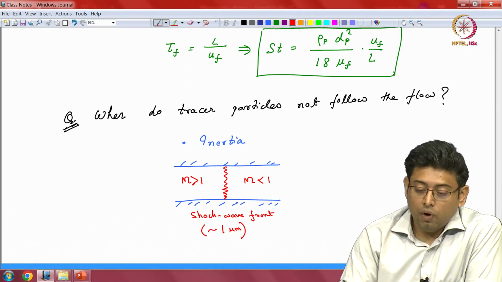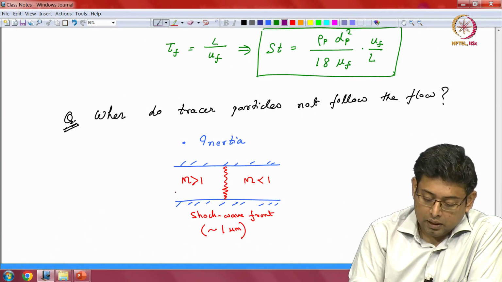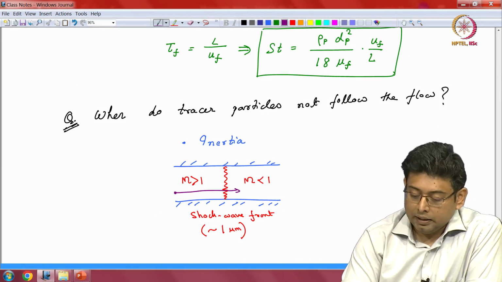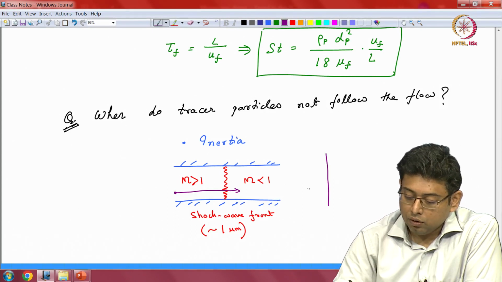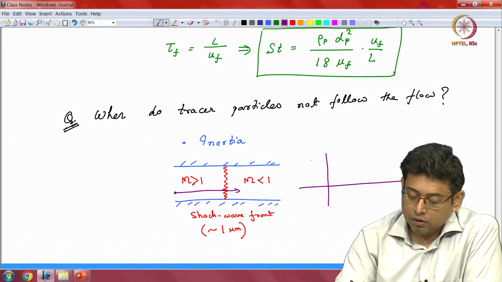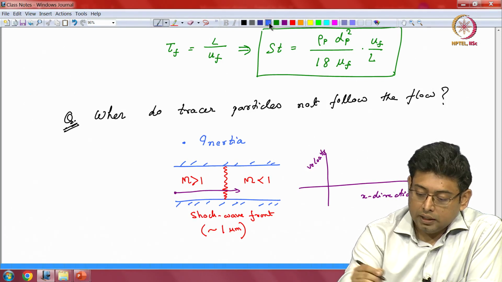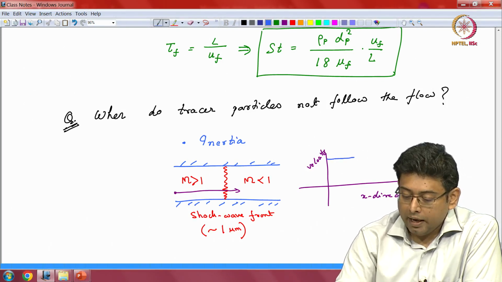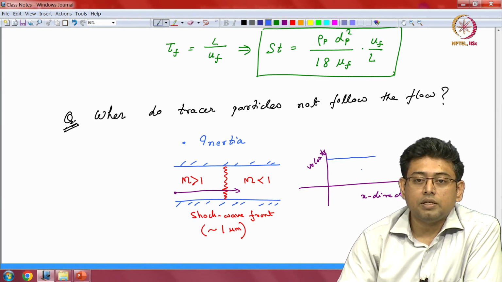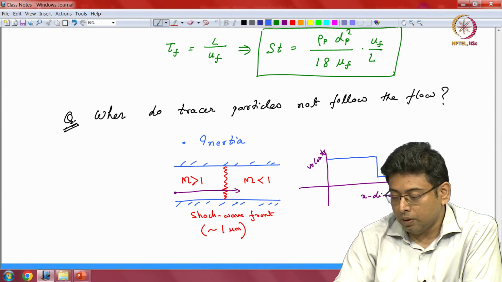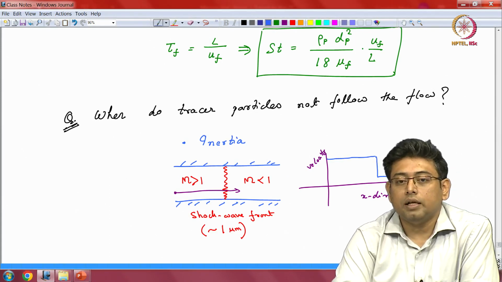If you had a particle here which wants to go from this side to that side, what will it see with respect to the velocity? This is velocity and this is your x direction location. The fluid velocity is very high and more or less constant on this side, and then it suddenly decreases and goes on to take some other value on the other side.